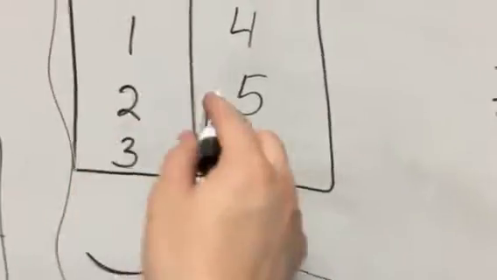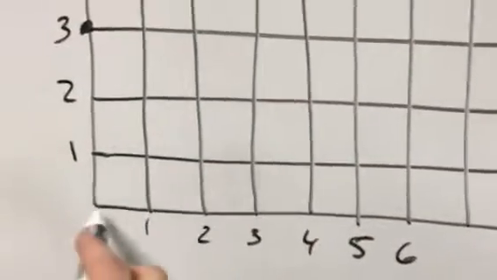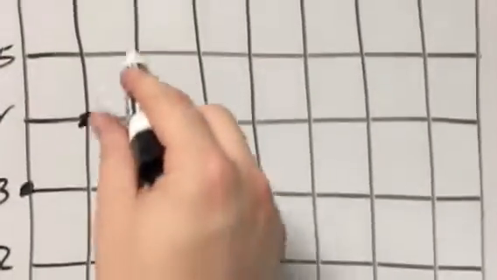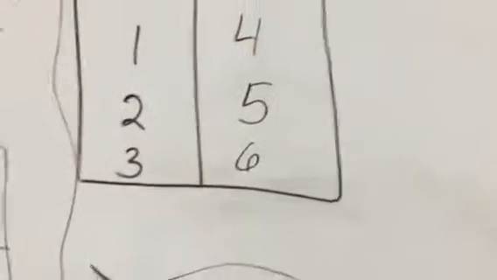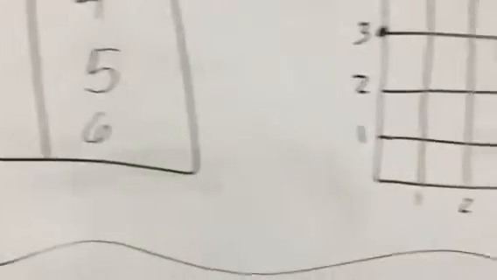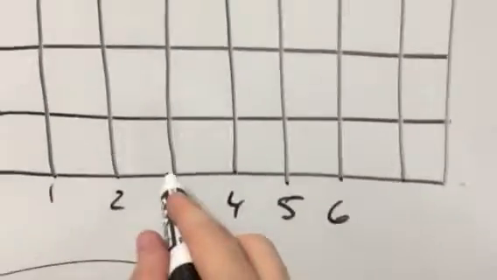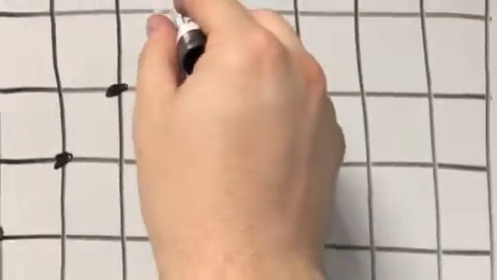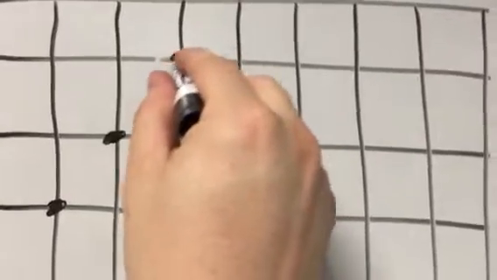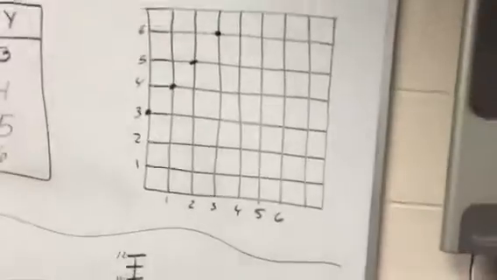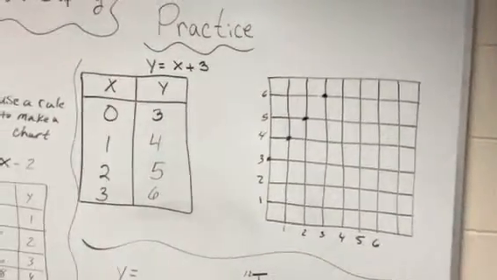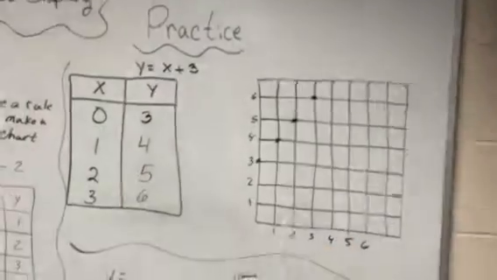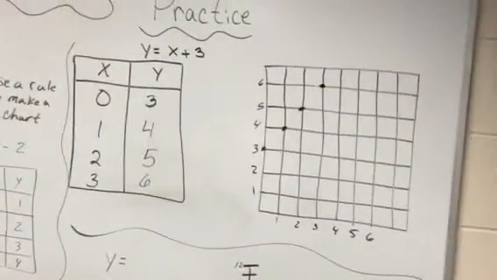The next one is 2, 5, so 2 and up to 5. And finally we have 3, 6. So 3 and then up to 6 goes right there. So there would be our graph. This is what we do. We have our rule, and we were able to make a chart over here and a graph over here just by knowing that one rule.